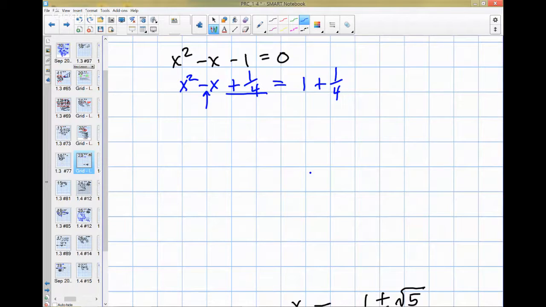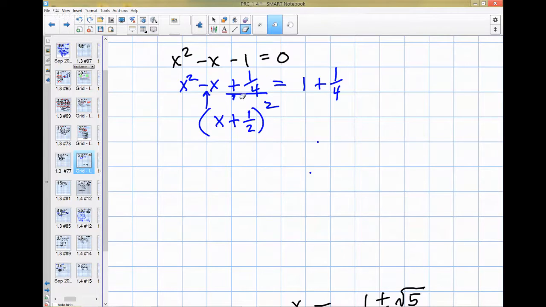Now, because I did that, this should be a perfect square. Can you tell me what goes in there? It's easy. Just take the square root of x squared and put that there. Take the square root of 1/4 and put that there, and take the sign from the b term and put that right there. By the way, I did that wrong.